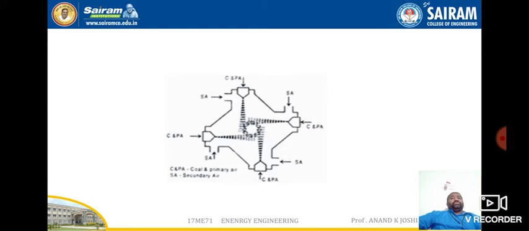So this is about the tangential burner, and it gives fast and high heat release rates and avoids fly ash problems, which are common in other types of burners. These burners use crushed coal, around 5 to 6 mm in size, instead of pulverized coal. This burner can easily burn low grade coal with high ash and moisture content.